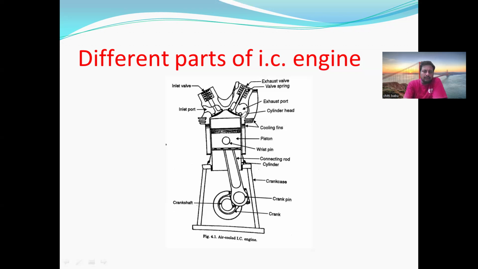The piston will be reciprocating in the cylinder. Here we have piston rings and a wrist pin. One end of the connecting rod is connected to the piston, and the other, big end is connected to the crankshaft with the help of the gudgeon pin.